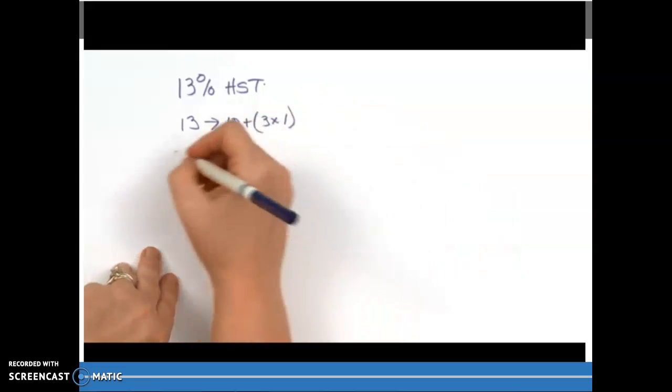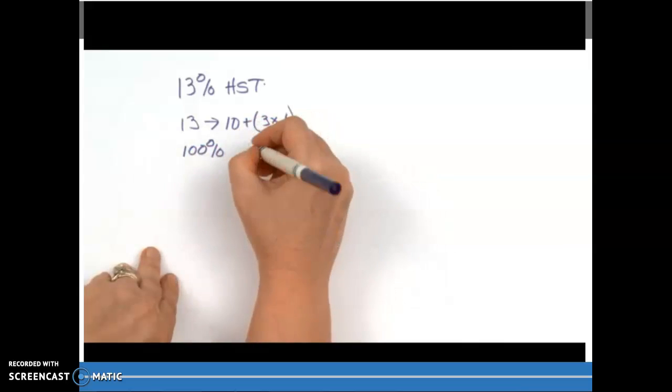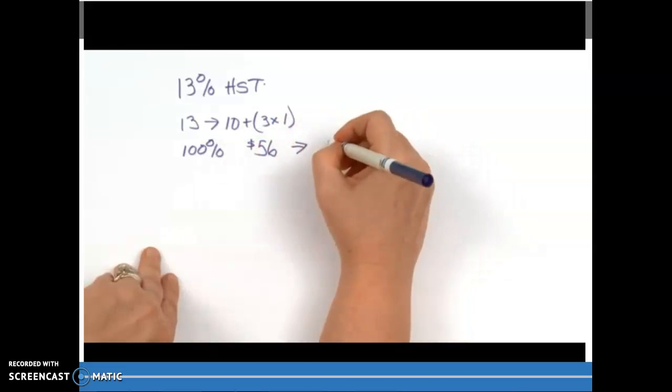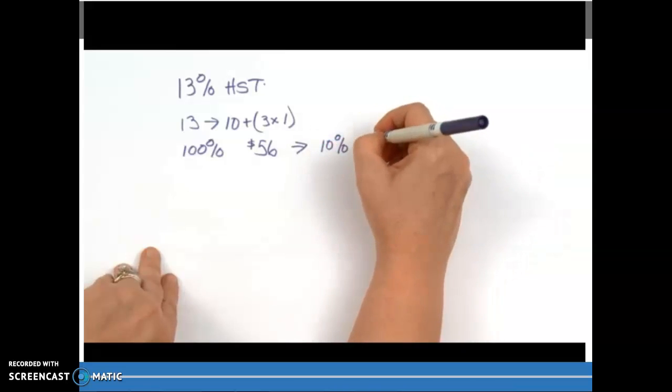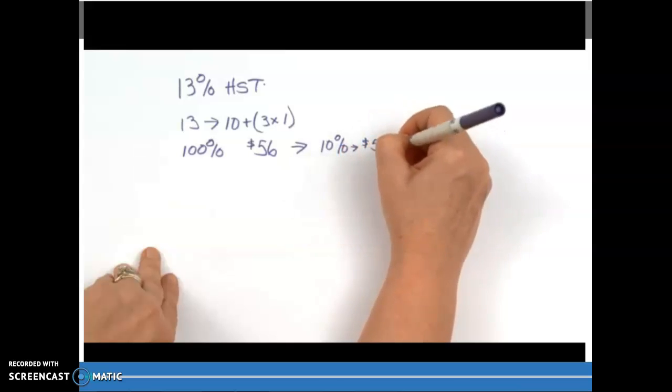If I think about 100% of the cost of my video game that I want to purchase being $56, then I could also say that 10% of the $56 video game will be $5.60.